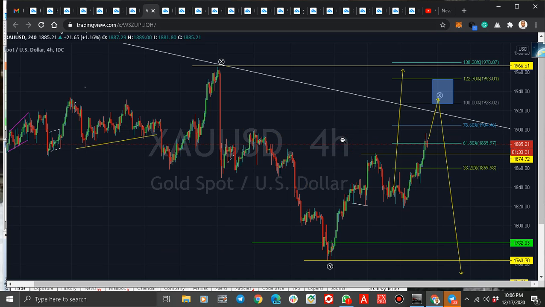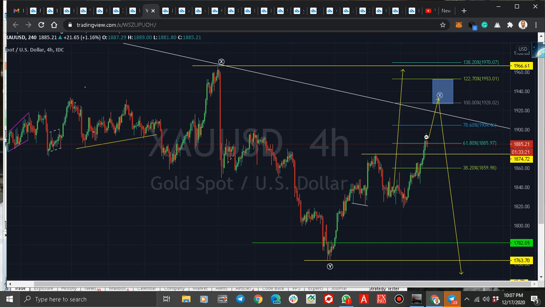Okay, on 4 hours, I'm expecting that this wave X will end here, then we will have another sell. But if price keeps going up and breaks here, then this selling will no longer hold.